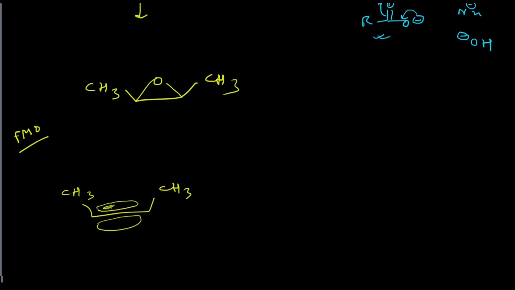So the HOMO of this double bond will look like this, and the LUMO of the electrophile is essentially the antibonding orbital of this peroxide bond. Since this bond is breaking, it means electron pairs from the HOMO of the alkene will be attacking the antibonding orbital of this oxygen-oxygen single bond. So the orbitals will look like this.